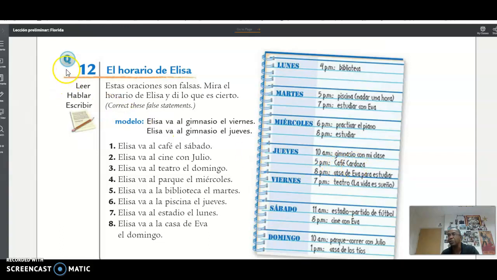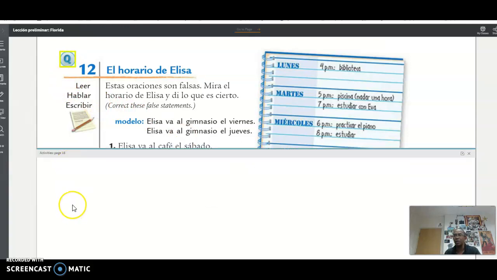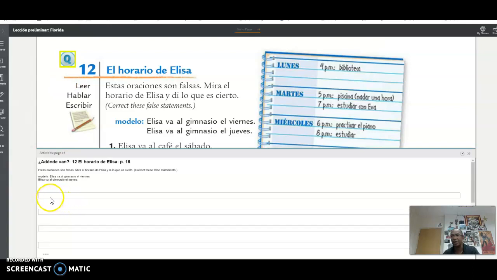Okay. So you do that. You click on this and it will give you the options to either type it or select. Okay, I think type it.